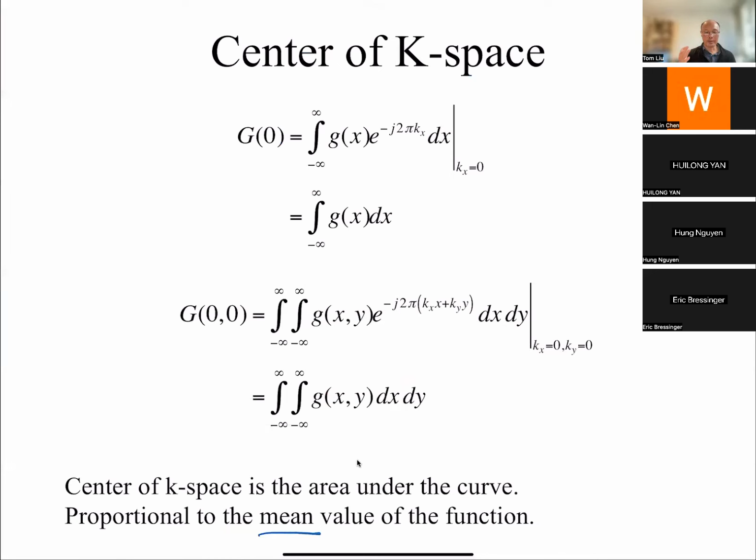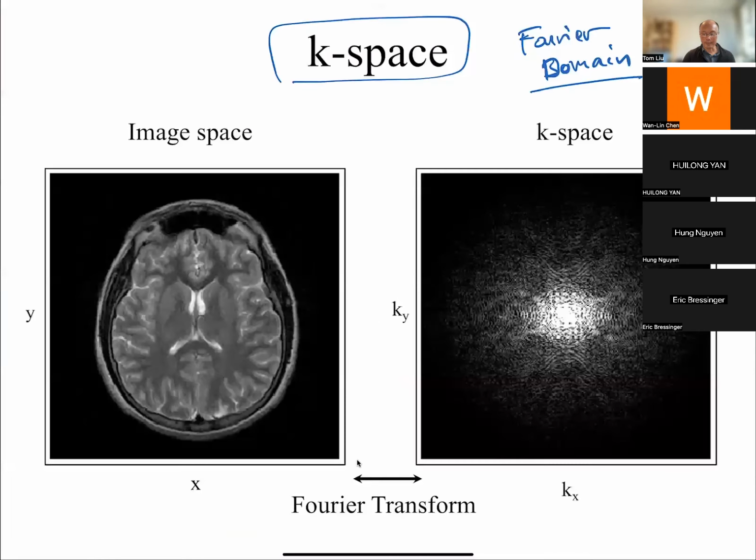And that will tend to be, for most biological objects, one of the largest values in k-space. And so if we go back here, you can see the brightness indicates how big the Fourier transform coefficients are. And you can see it's biggest in the center, that corresponds to the center of k-space, and the signal dies off as we go out to farther parts of k-space.